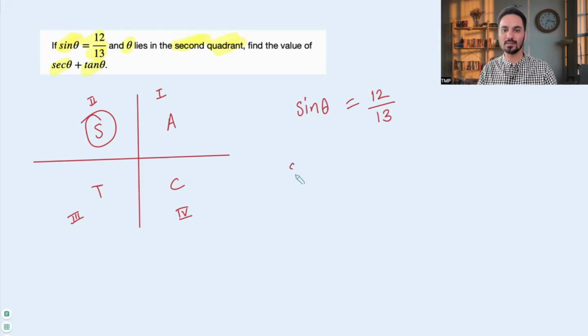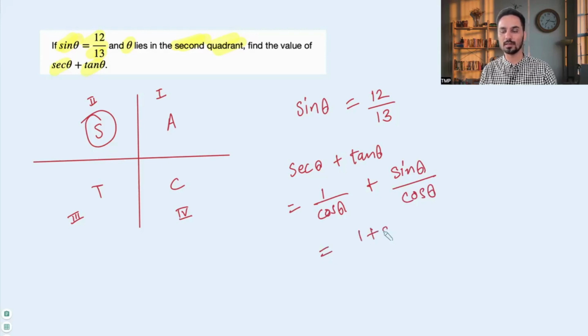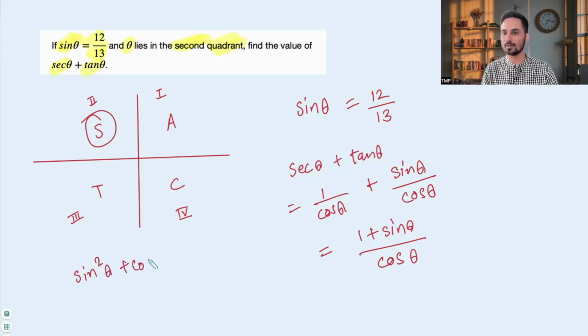Now let's find sec theta plus tan theta. Sec theta is 1 over cos theta, and tan theta is sine theta over cos theta. That means we have (1 plus sine theta) over cos theta. This is what we want to find out. And we know that sine square theta plus cos square theta is equal to 1.